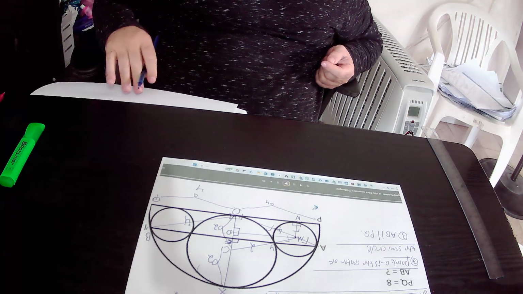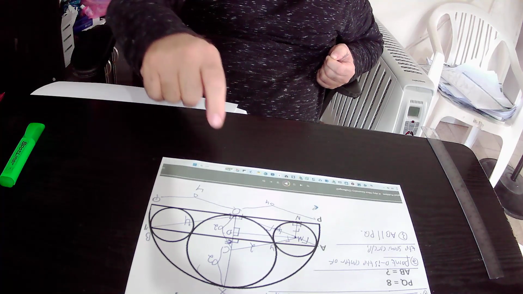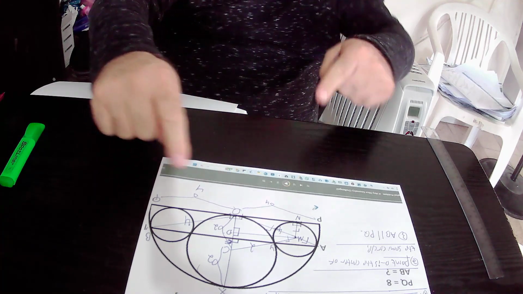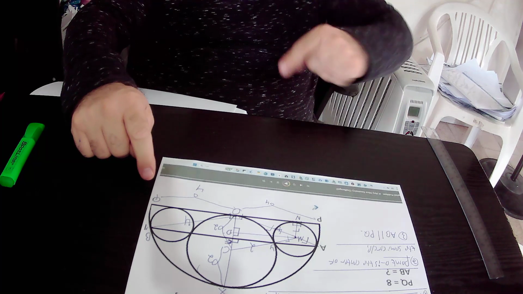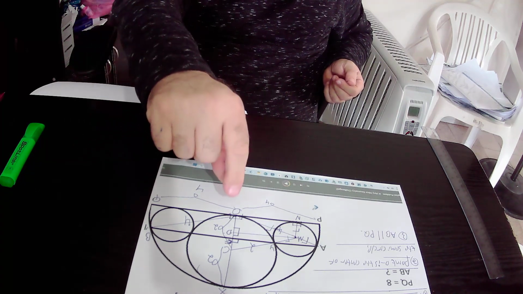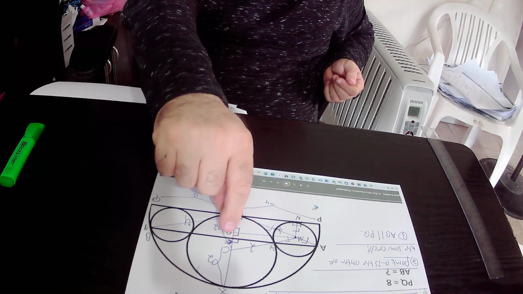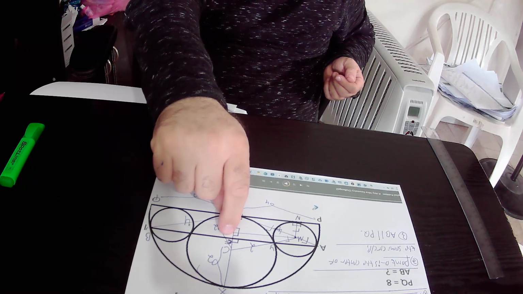Again, we have the rule that the sum of one-sided angles between parallel lines equals 180 degrees. And we know that side AB is parallel to side PQ. Therefore, the sum of those two one-sided angles must be equal to 180 degrees according to rule number 3.